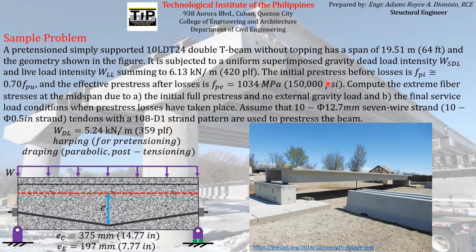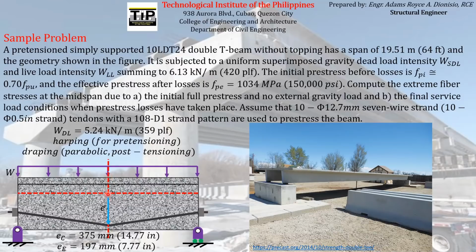So the required value being asked by the question is the extreme fiber stresses at the midspan, which is here, at this particular section on the simply supported beam.